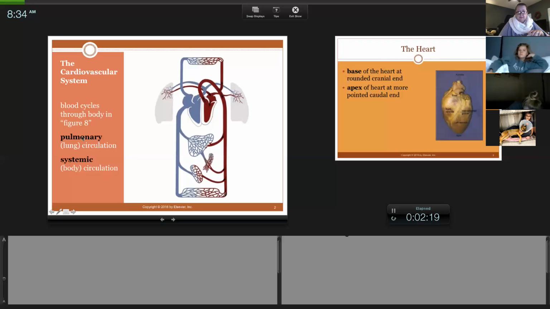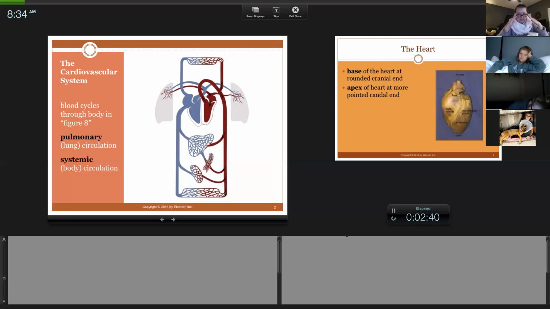If you hear me say pulmonary circulation, the word pulmonary is pertaining to lung. So that is the circulation from the heart to the lungs. If I say systemic, that's body circulation. So that's when blood leaves the left side of the heart and goes to the body.